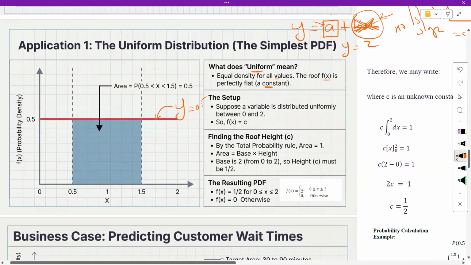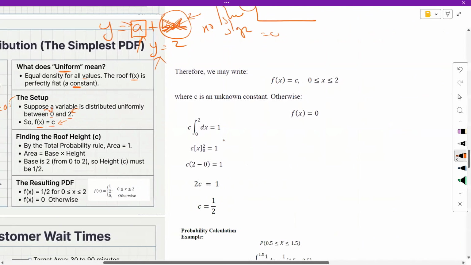It's a constant. The setup: suppose a variable is distributed uniformly between 0 and 2. So the lower limit is 0, the upper limit is 2. So f(x) equals c, meaning we have only a constant. Finding the roof, the height: sometimes they may not give us the constant.